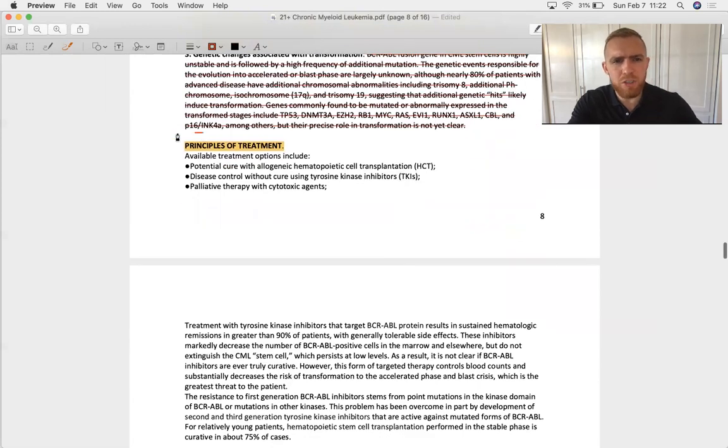And when it comes to treating CML, we have three main options: the bone marrow transplant, the allogeneic HSCT. So allogeneic means it's coming from, for example, your brother or your father or your mother. Somebody with a very similar HLA type to you, almost identical, is going to be giving you some stem cells to put into your bone marrow.